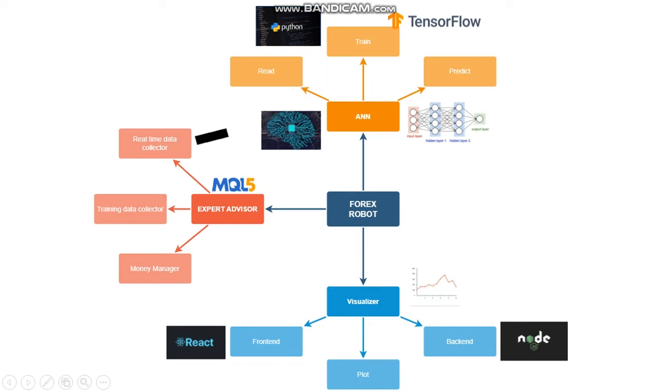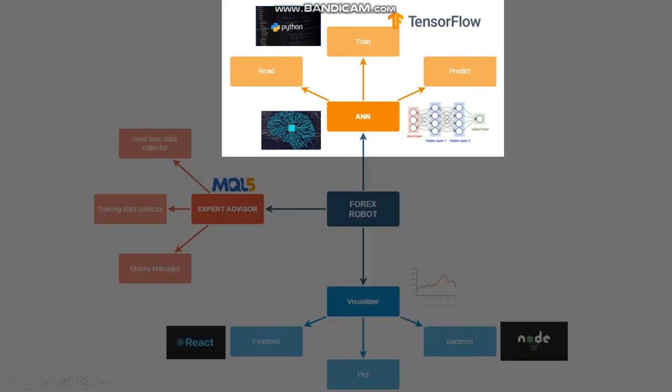The real-time data collector collects the current information of what's going on right now in the markets, and passes that on to the ANN as well for prediction. And the money manager is responsible for receiving the predictions from the ANN, executing the trades that are advised by the ANN, and also ensuring that proper risk management is adhered to. The second part is the artificial neural network itself. This is a Python program using the TensorFlow and Keras libraries.